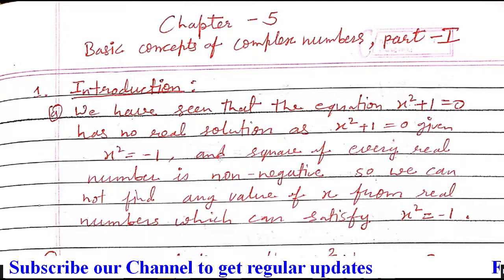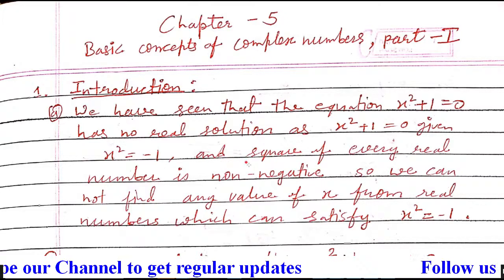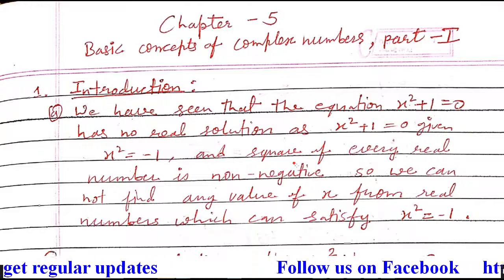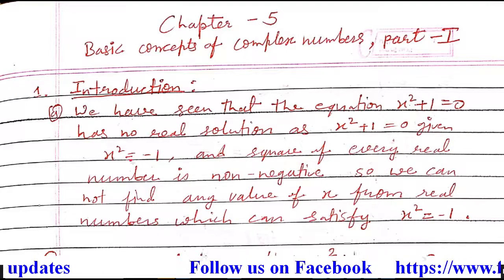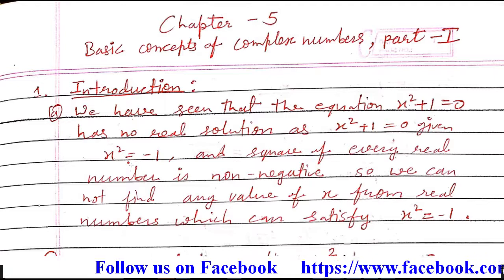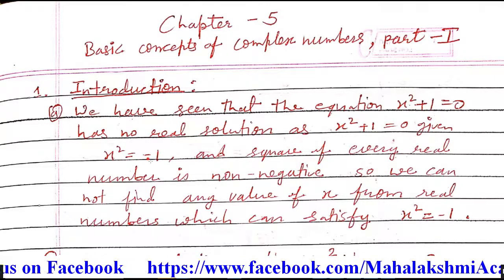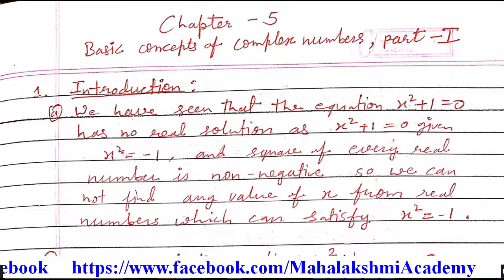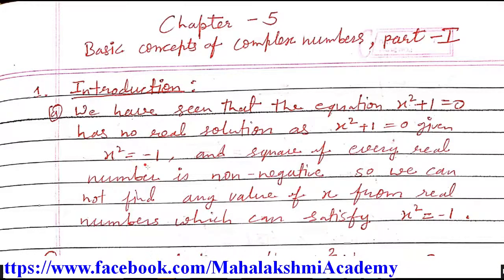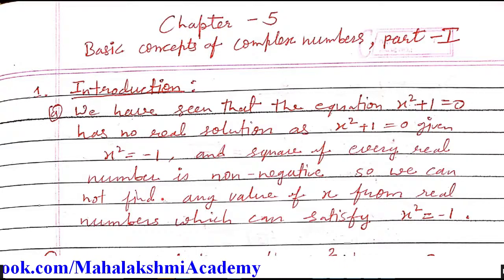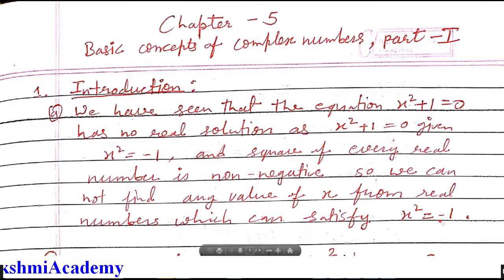The square of every real number is non-negative, so we cannot find any value of x from the real numbers which can satisfy this equation.